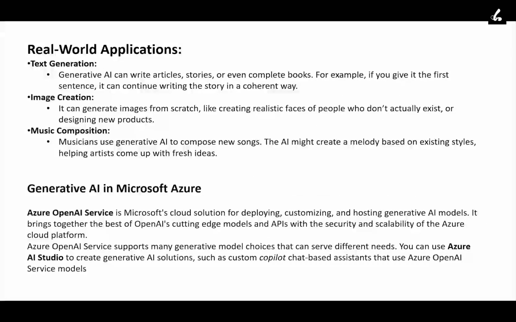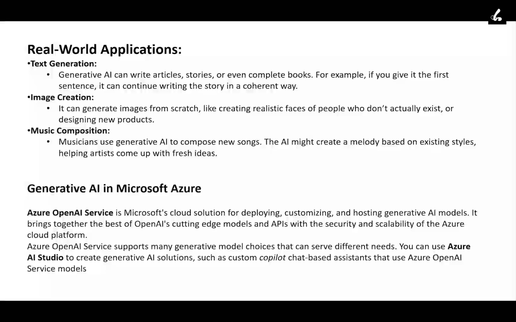Now, taking some real-world applications. Text generation: generative AI can write articles, stories, or even complete books. For example, if you give it a first sentence, it can continue writing the story coherently.